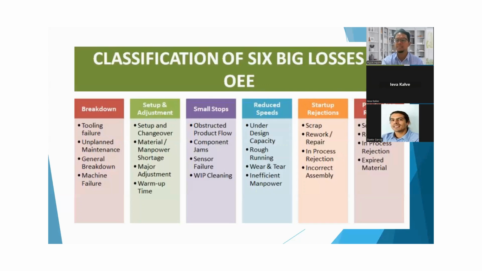All these six big losses are the wastages that you are trying to reduce or eliminate, and the engineers or the operation try not to repeat them again in the future.